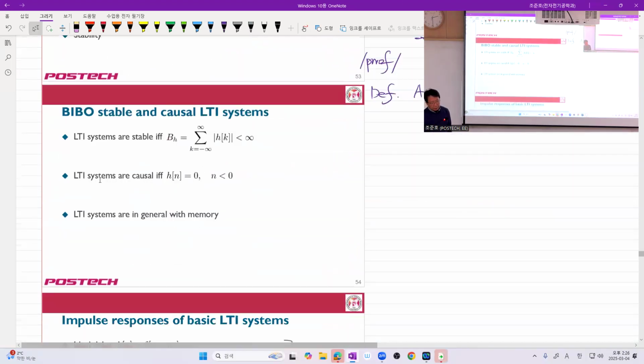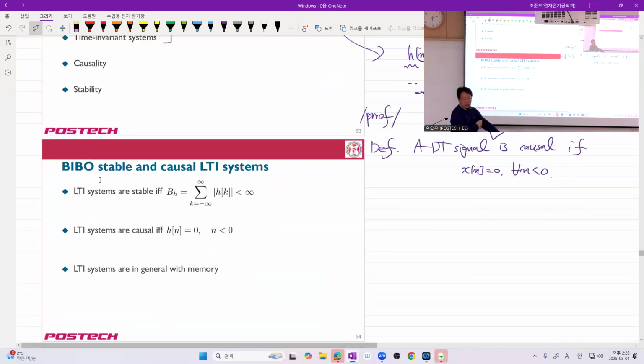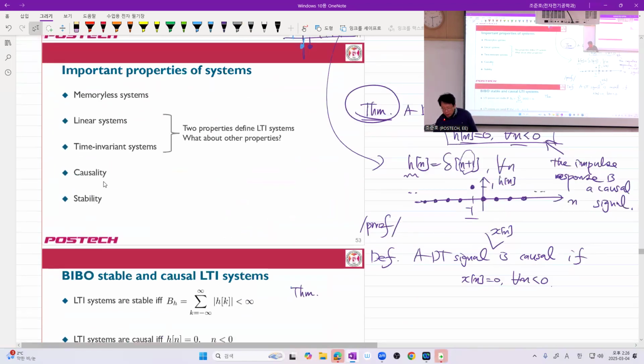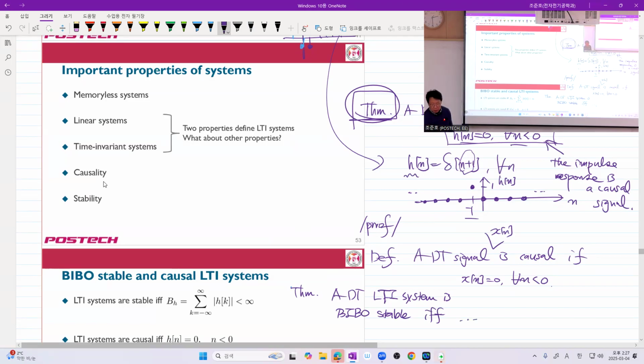Okay. And also, we can say something very similar for a DT LTI system, which is causal. So it's very parallel to this previous theorem. A DT LTI system is BIBO stable if and only if something.